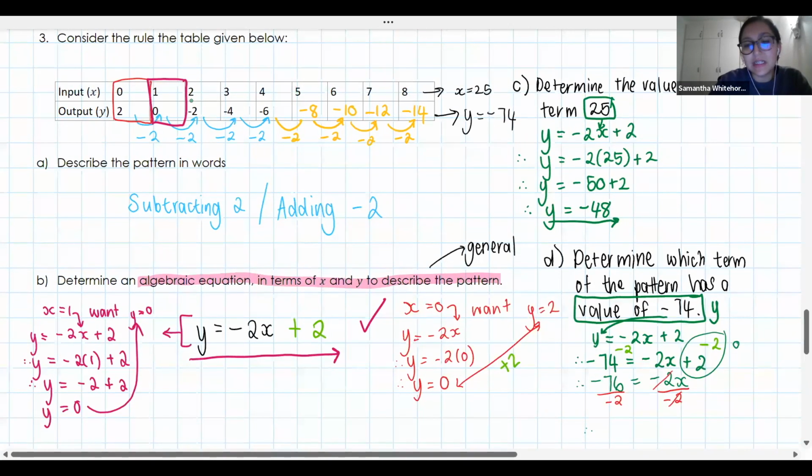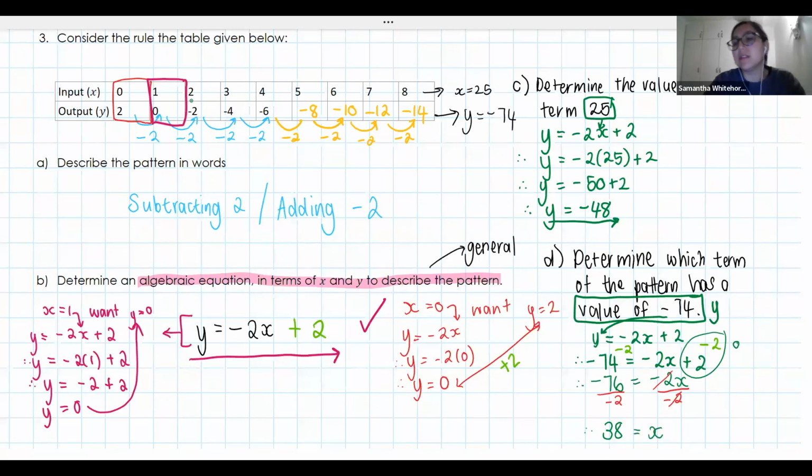And 76 divided by 2 is 38. Yes, 38. And so what this is telling me is that the 38th term of my pattern will be the value negative 74.